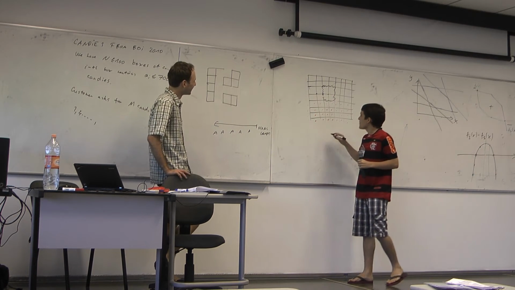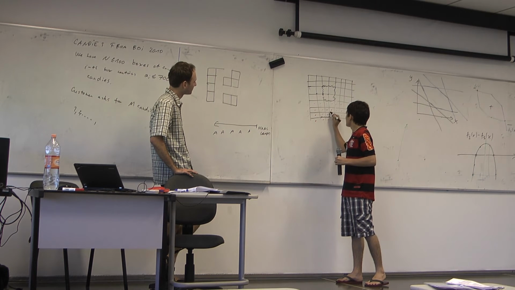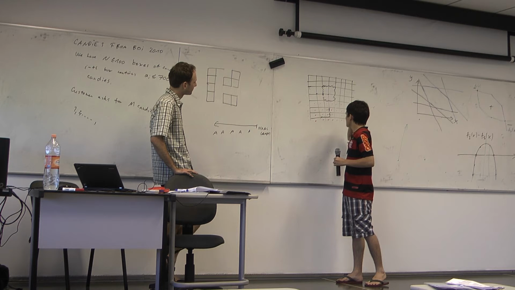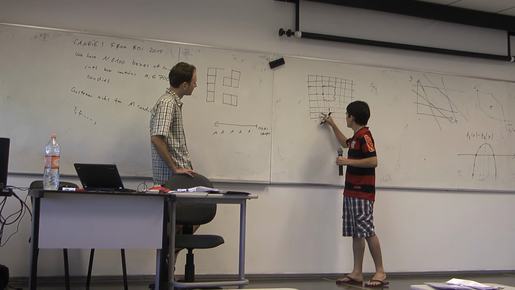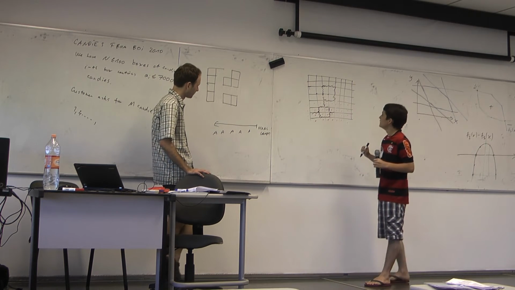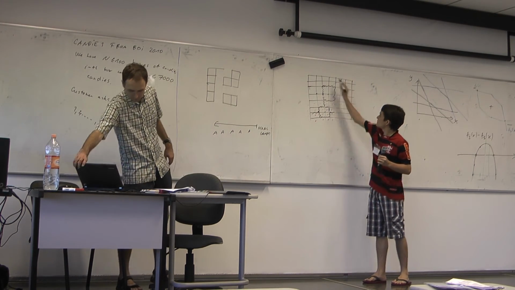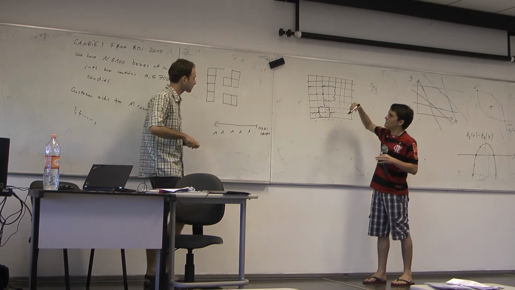Okay, so suppose that I have cut these edges here. So this vertex here is not connected with all those vertices here, right?